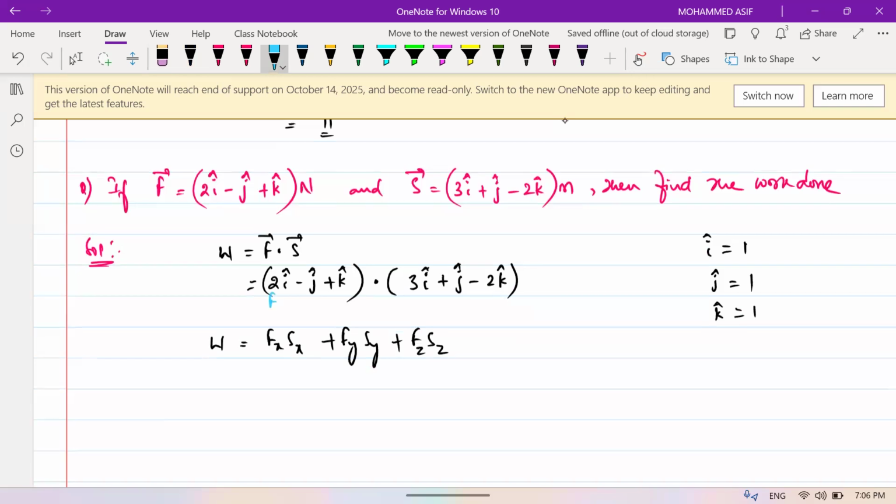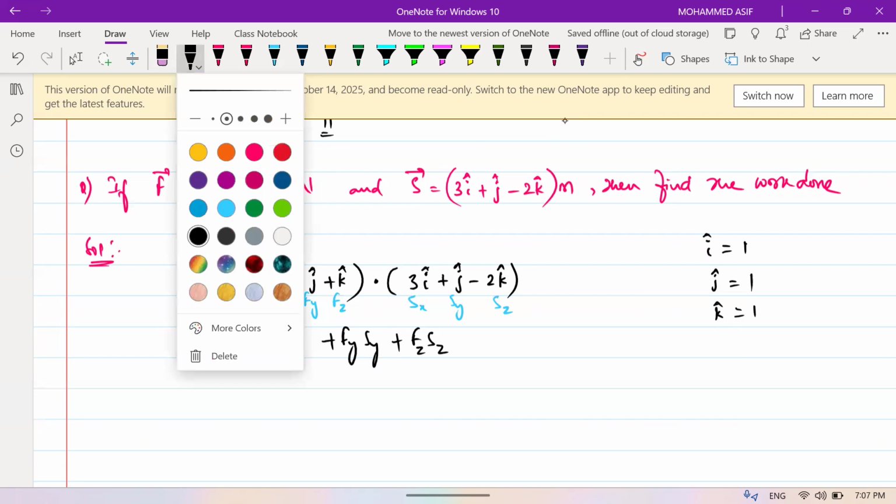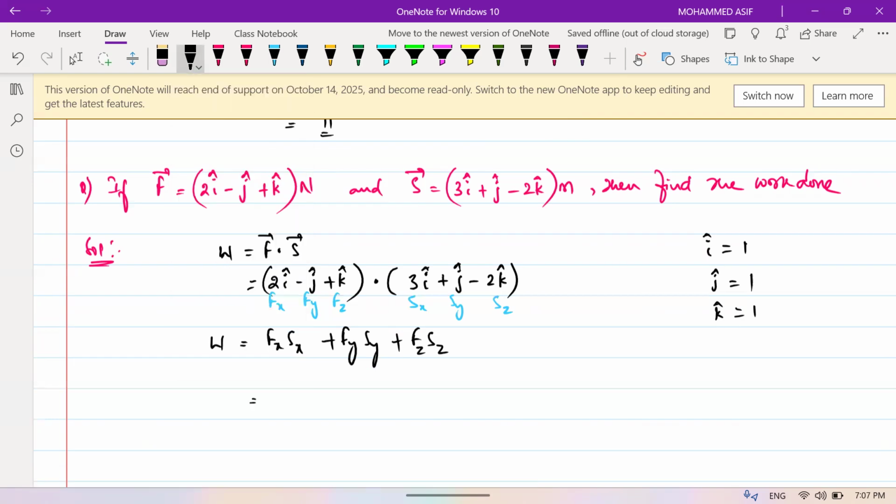Because this will act as Fx, Fy, Fz, and this will act as Sx, Sy, Sz. Do the substitution, just multiply. Fx is 2 into 3, plus minus 1 into 1, plus 1 into minus 2.